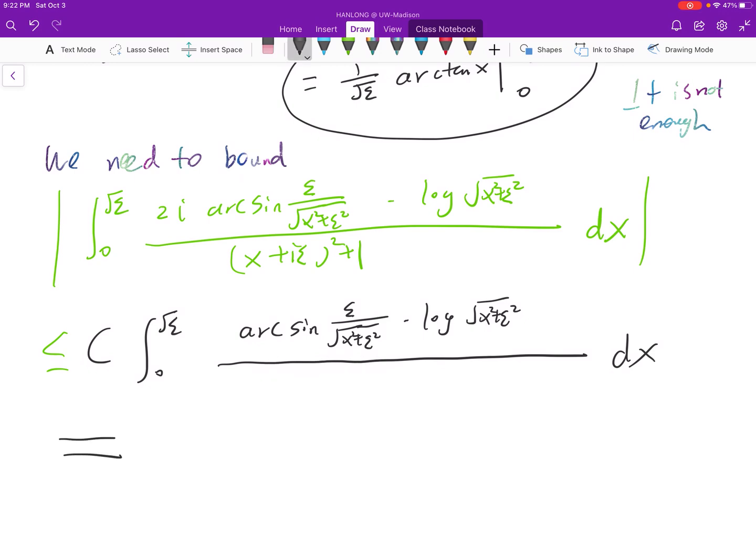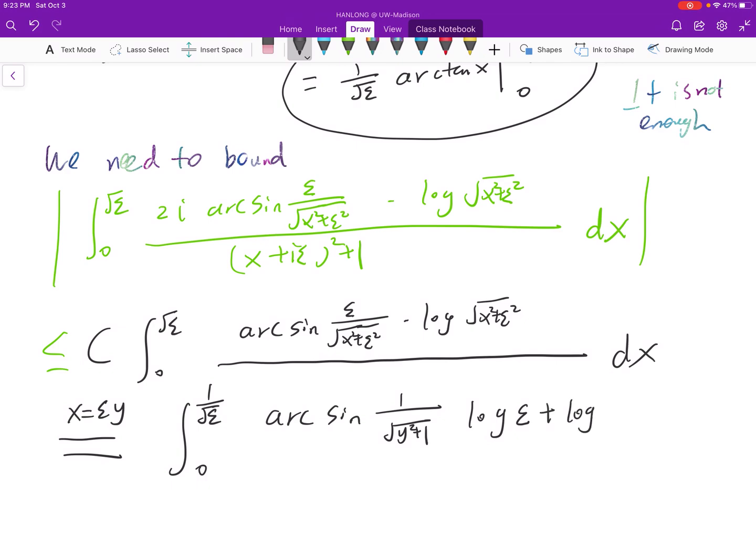Use substitution. Let x equals epsilon y. So the integral will be from 0 to 1 over epsilon y, and arc sine 1 over square root y squared plus 1, and the log, and here you have epsilon plus log square root 1 plus y squared absolute value divided on, that's it, d epsilon dy.